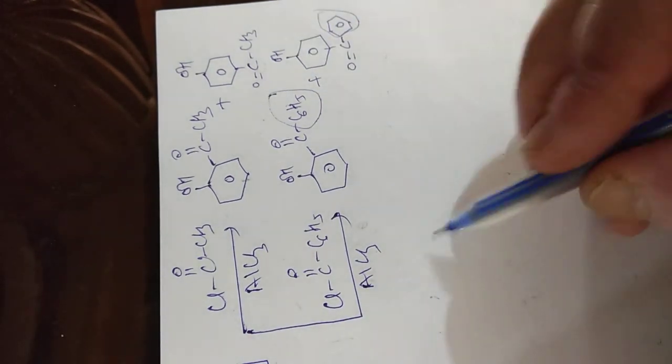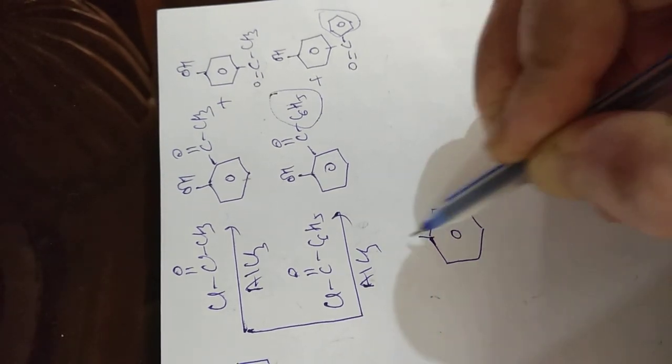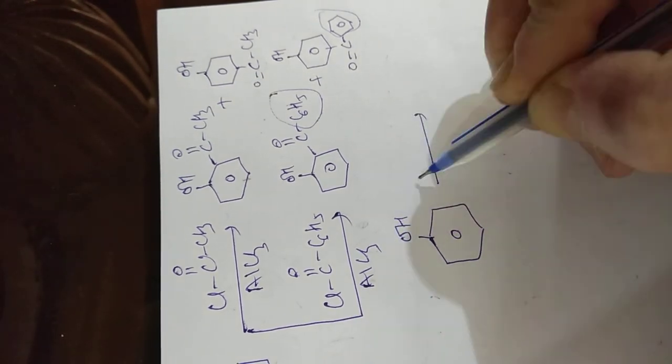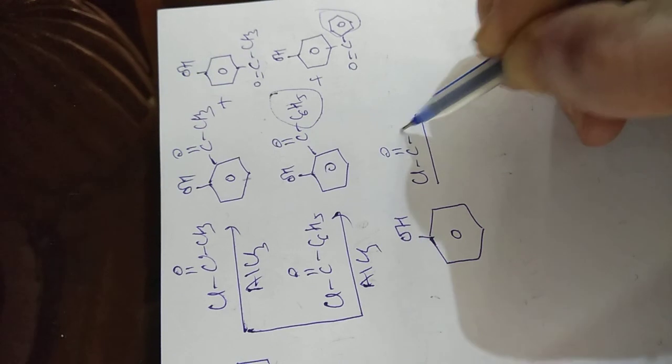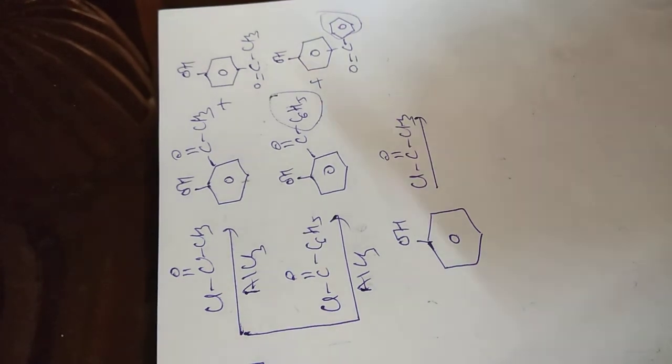Here I want to add, for example, if you are not writing the anhydrous AlCl3, by mistake you forgot to write, that means now the ortho para compound will not form.